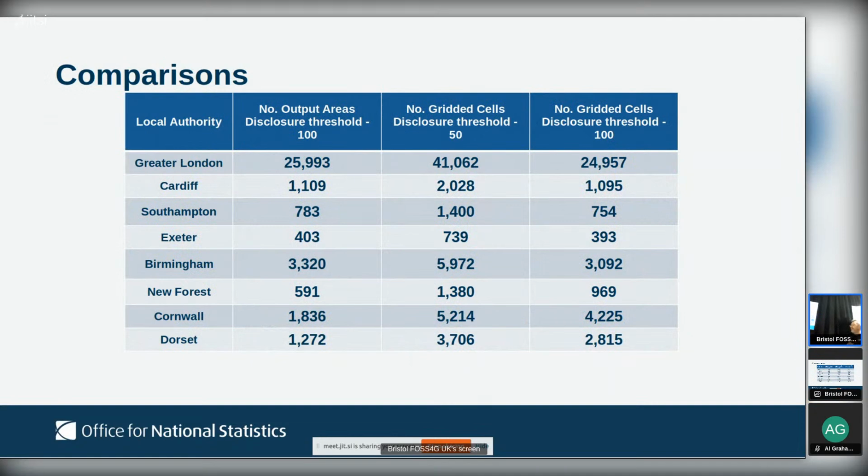So this table shows the number of geometries that were output using the output areas for this data, compared to the gridded method using a threshold of 50 people.